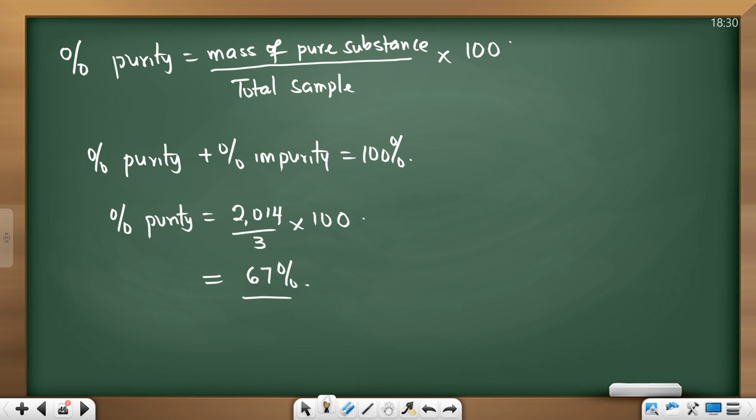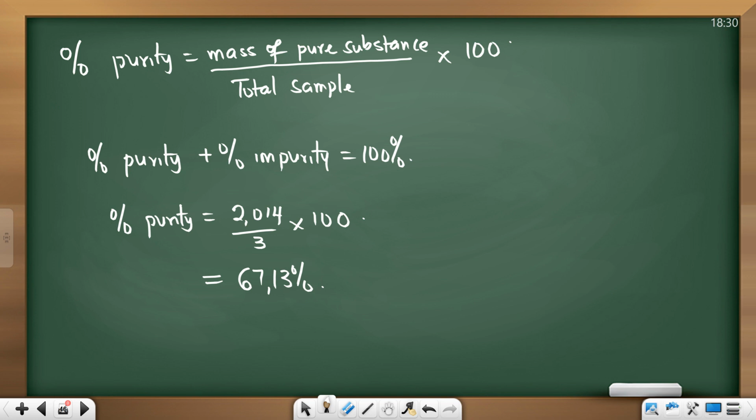Somewhere there, 66.7. Am I right? Oh, 67.13. All right, close. So 67.13% pure. It means if you are looking for impurities, you subtract that from 100.